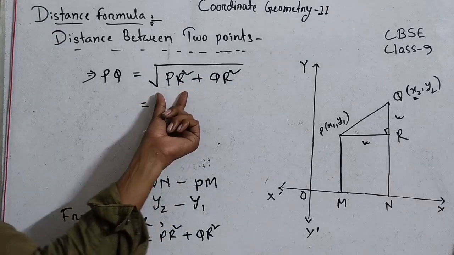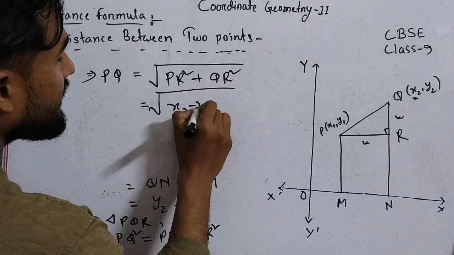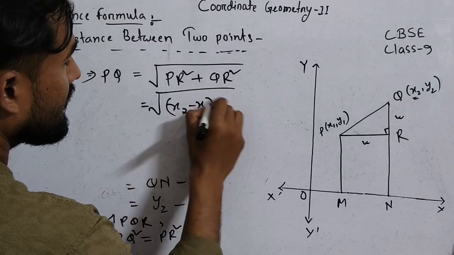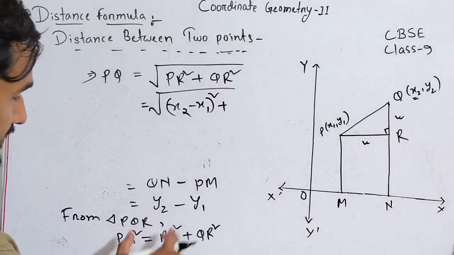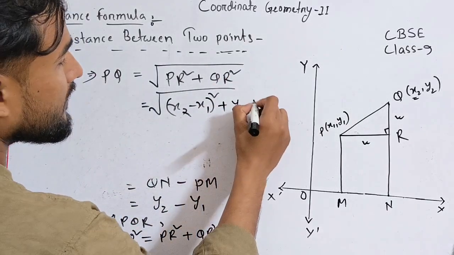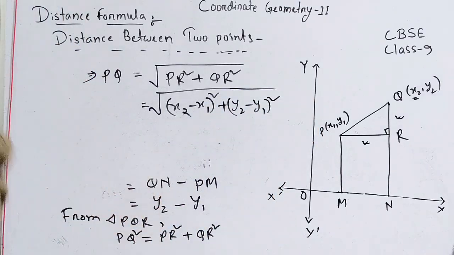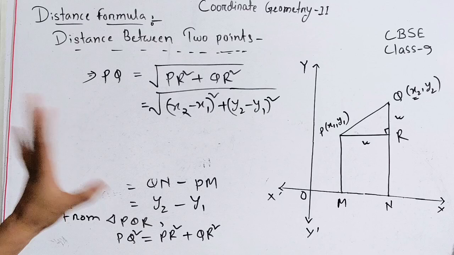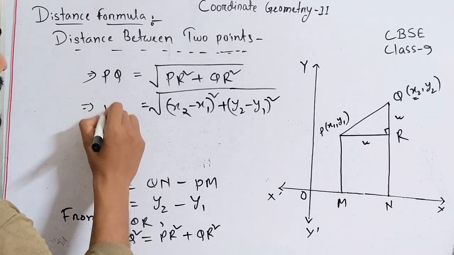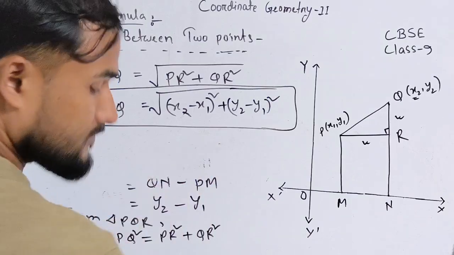The value of PR was x2 minus x1, whole square. The value of QR equal to y2 minus y1, y2 minus y1 whole square. And this is the formula for PQ. This is the distance formula.